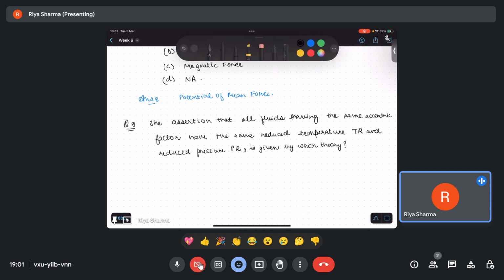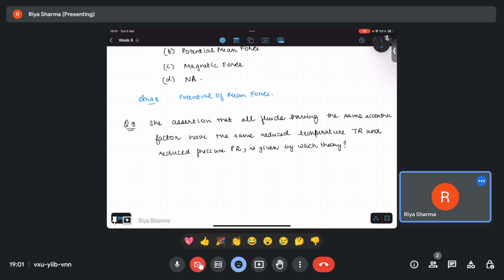You should always remember this: since this is talking about same reduced temperature PR and TR, the answer is the three-parameter corresponding states theory.